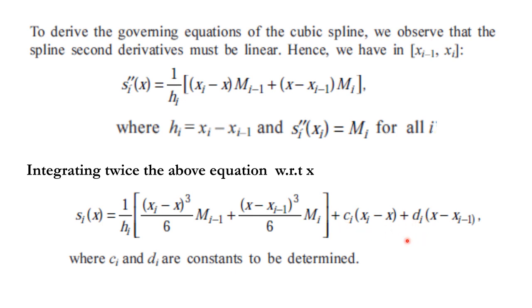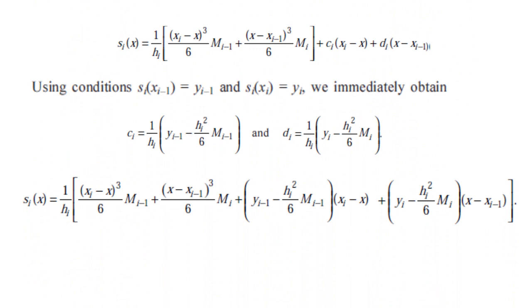So we have to find ci, di, and also the mi values. Initially we will find ci and di. To find ci and di, we set the conditions si of xi minus 1 should be yi minus 1, and si of xi should be yi.